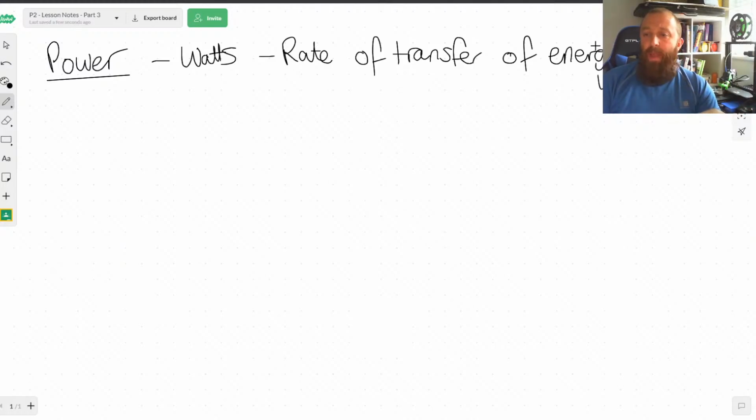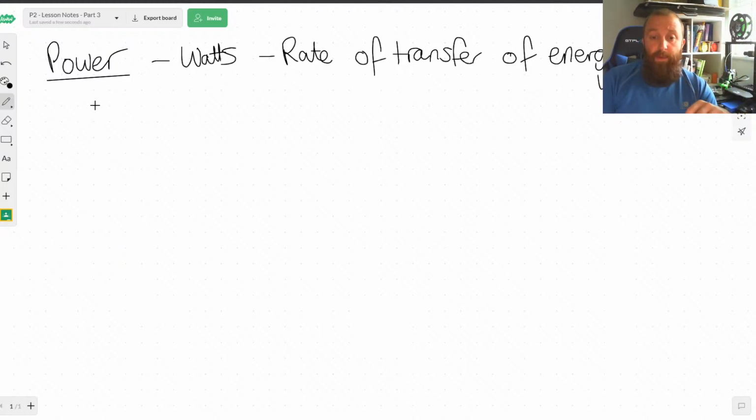Whenever we have anything with rate, one of our formulas is always going to be divided by seconds. Think about speed as the rate of travel, or current as the rate of transfer of charge, which is coulombs over second. So one of the formulas is always going to have a divide by time, because we need to work out how much is being delivered per time.